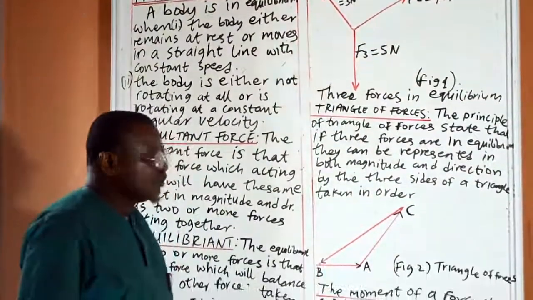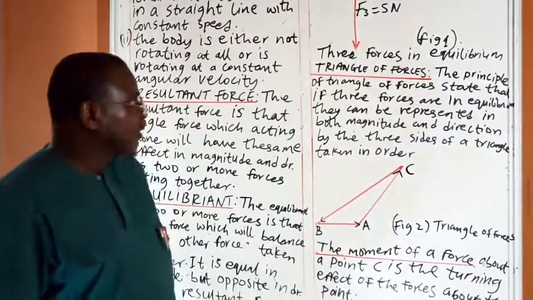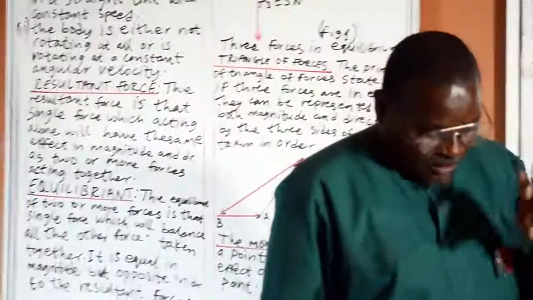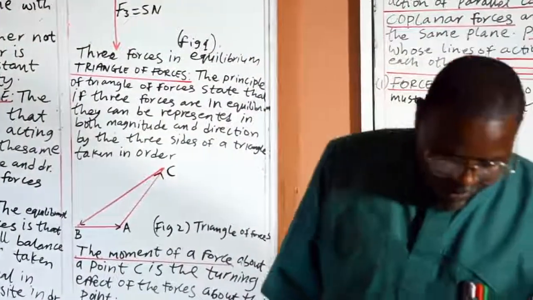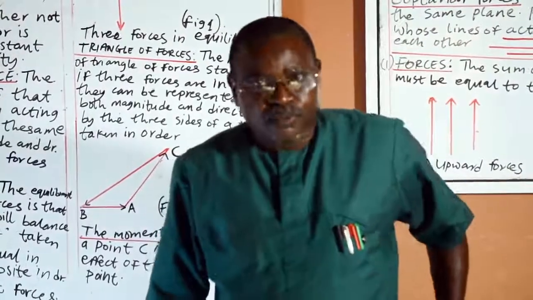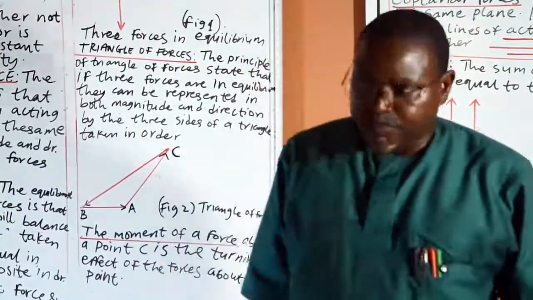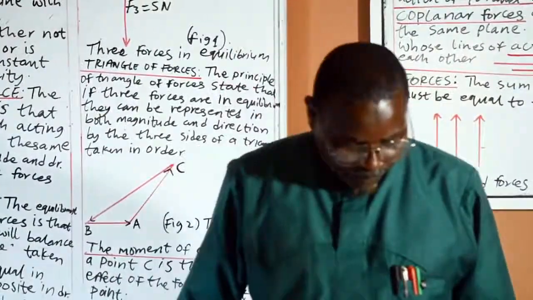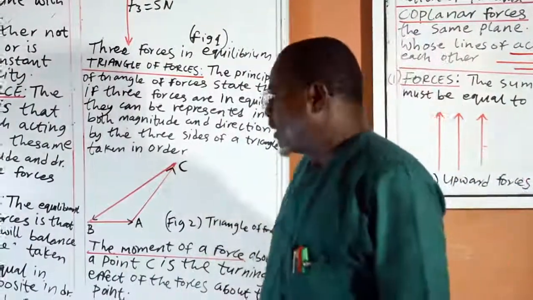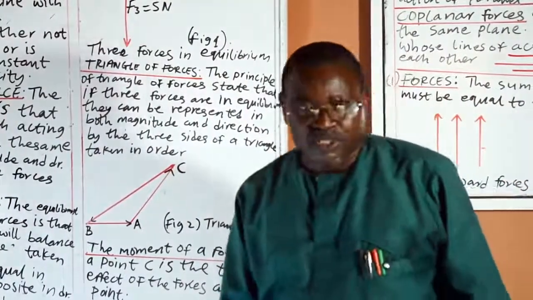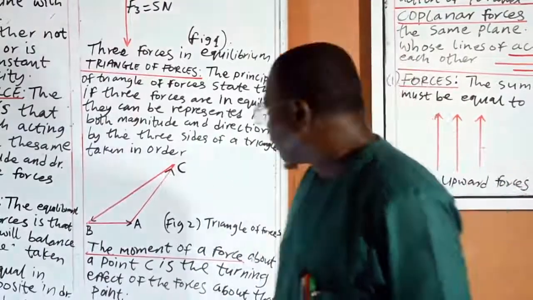Now, triangle of forces. The principle of triangle of forces states that if there are forces in equilibrium, they can be represented in both magnitude and direction by the three sides of a triangle in order.